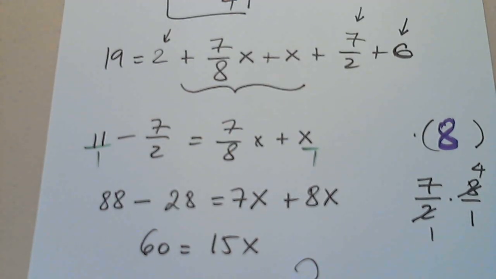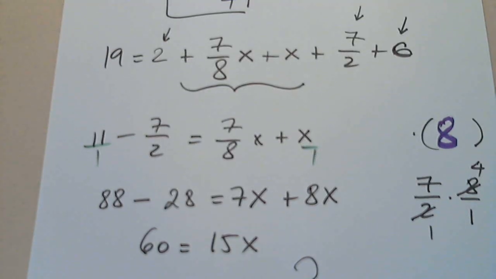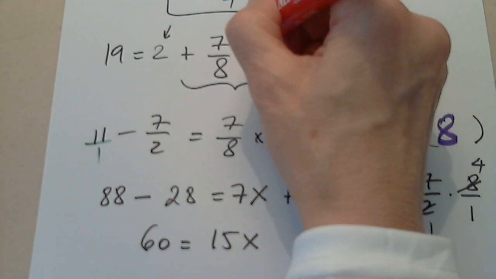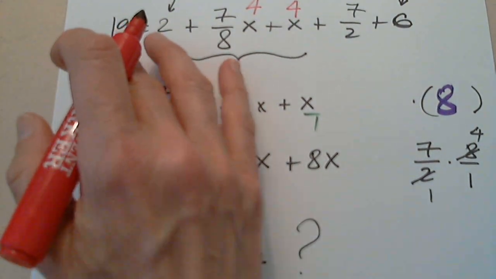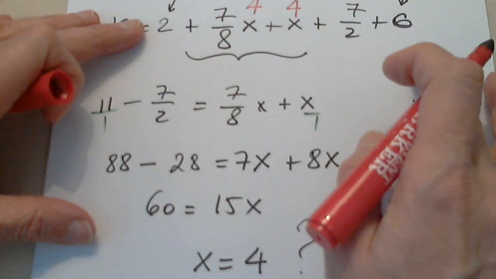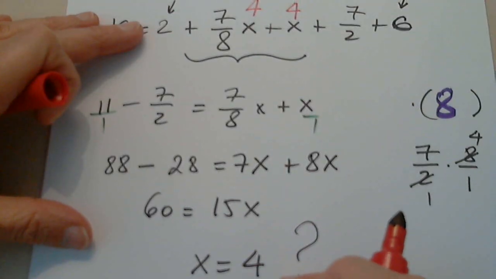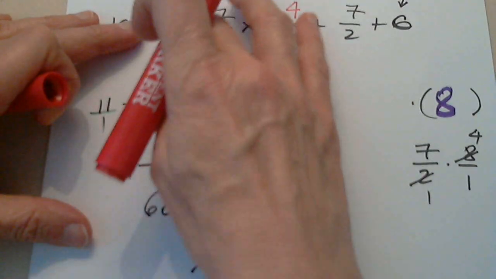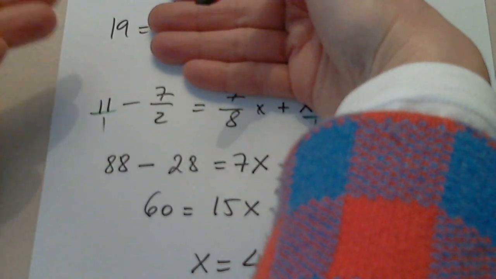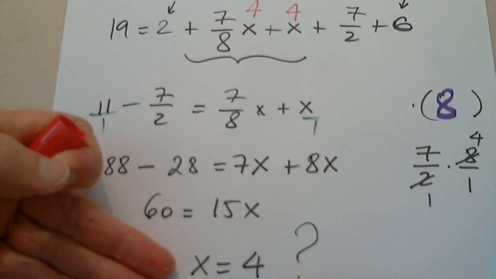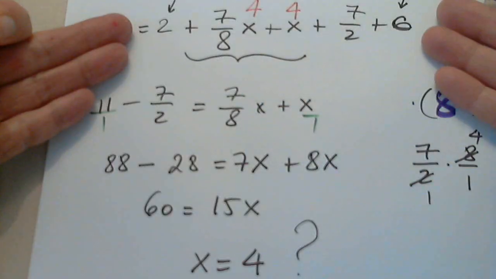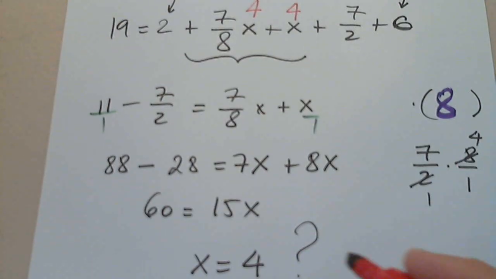But it will take a short time to verify. So I'll replace this by 4 and this by 4. The left-hand side is 19. I'm going to have to check if this gives me 19 when I replace x by 4. If this piece happens not to be 19, I will say this is incorrect. If all this is 19, then I'll say it's the same.